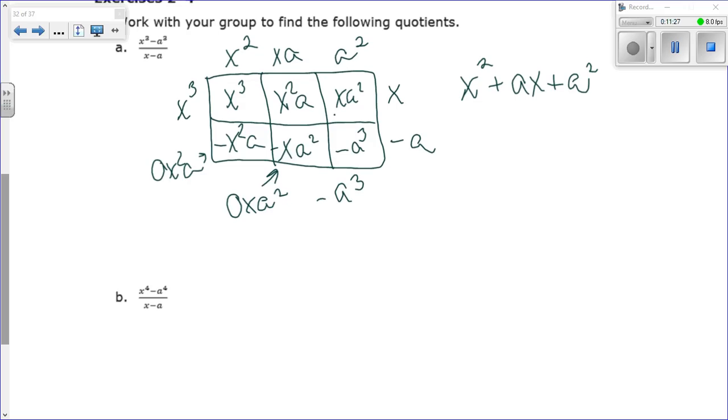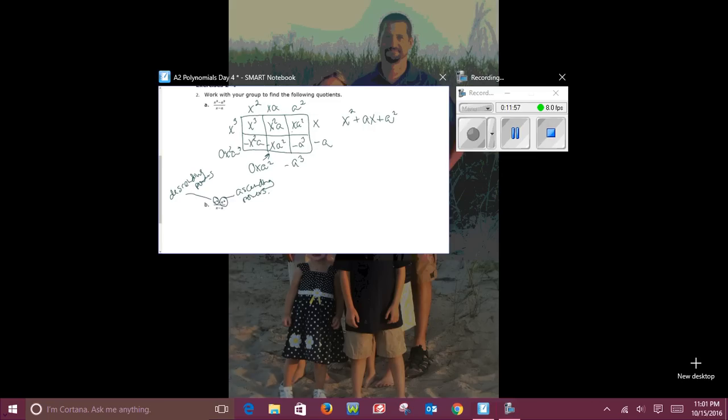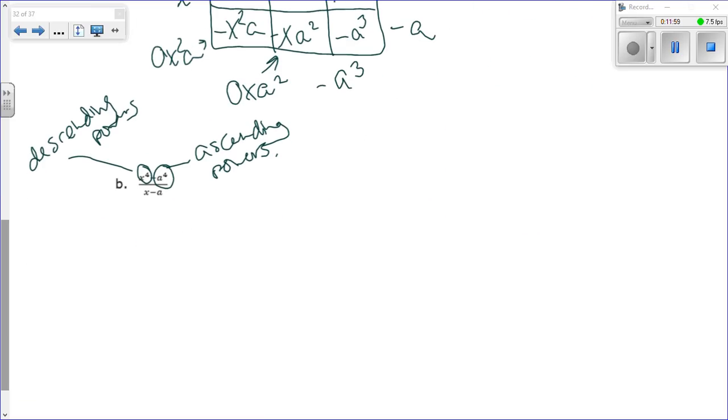So I don't actually have to do out the division if I follow the pattern of descending powers and ascending powers. So my x's, because they're first, would be descending powers. And the a, because it's second, would be ascending powers. That being said, I can apply this for this problem.